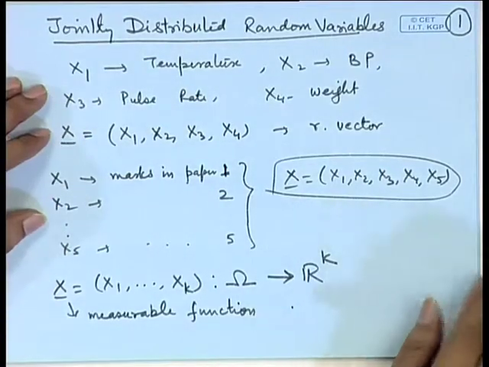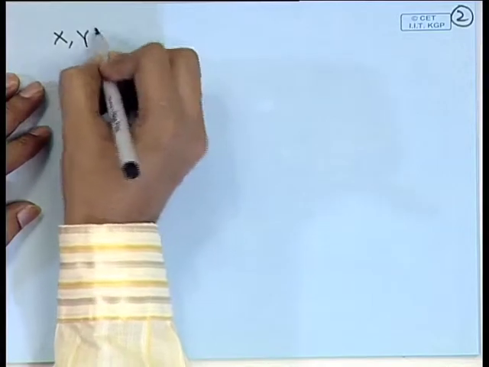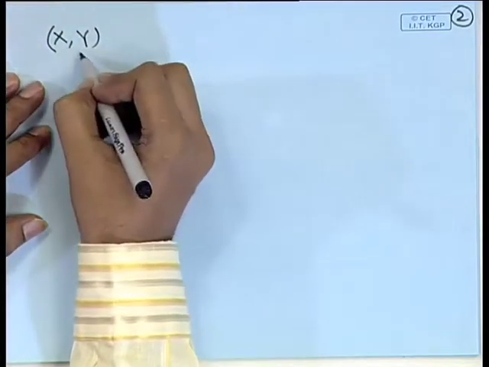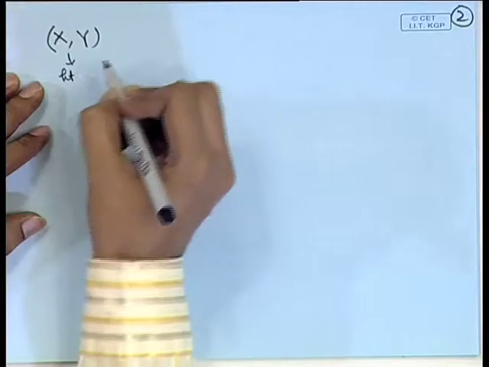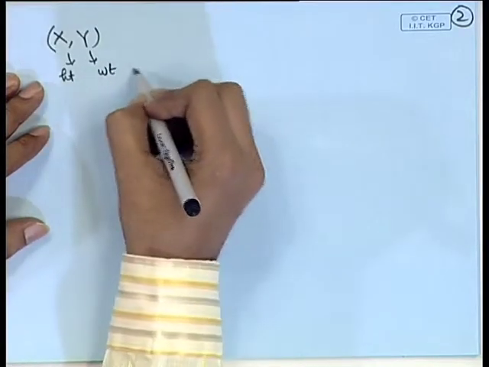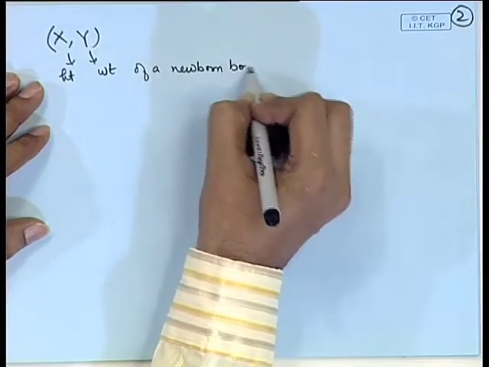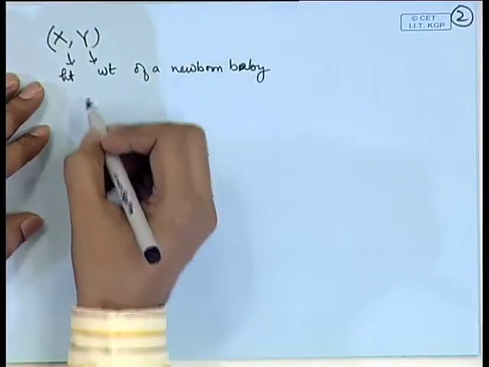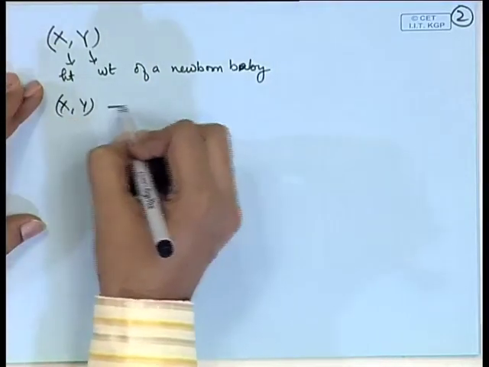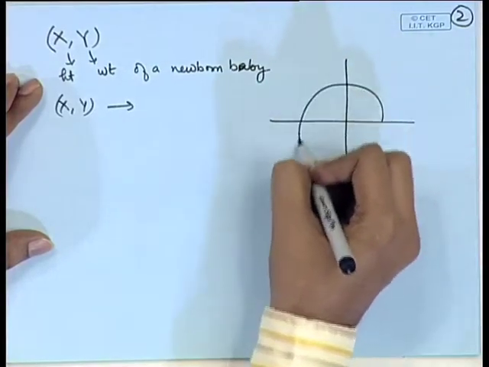For convenience, we will restrict attention to the 2 dimensional case in the beginning. So, let us consider jointly distributed random variables x y. Here x could denote the height of a newborn and y could denote the weight of a newborn baby. x y could denote the coordinates of a dart hitting a target.